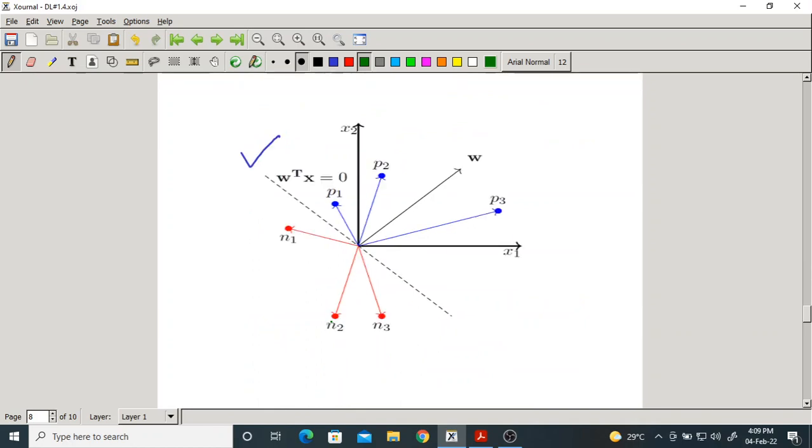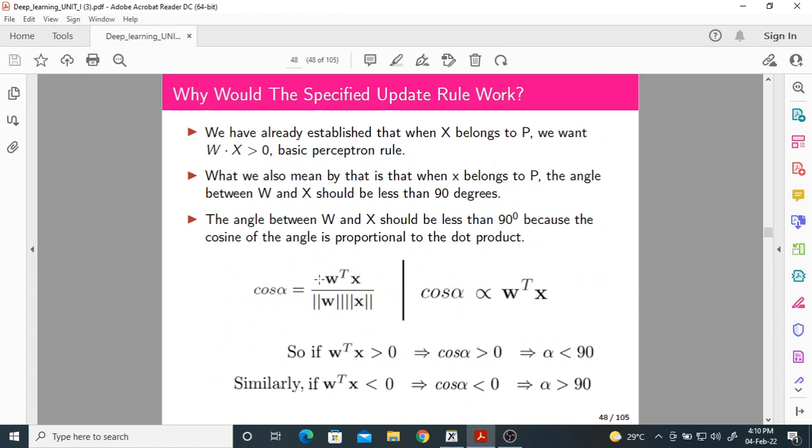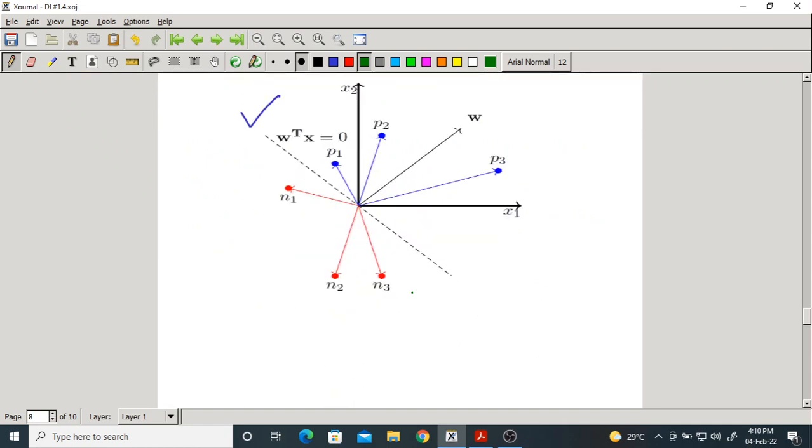Now, this line is the boundary which is perpendicular to the vector W, which means each and every point on this line is perpendicular to the vector W. Or simply I can say this line is perpendicular to vector W. Now the condition is: if x belongs to P, in this case I have taken 3 positives and 2 negatives.